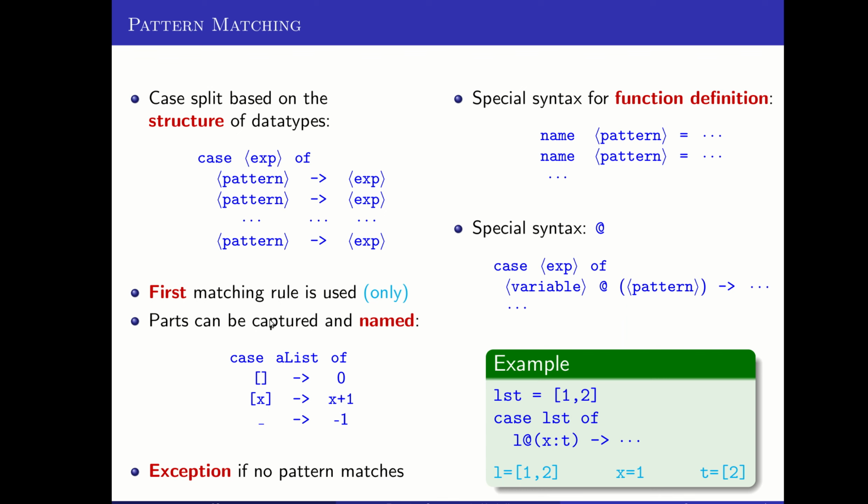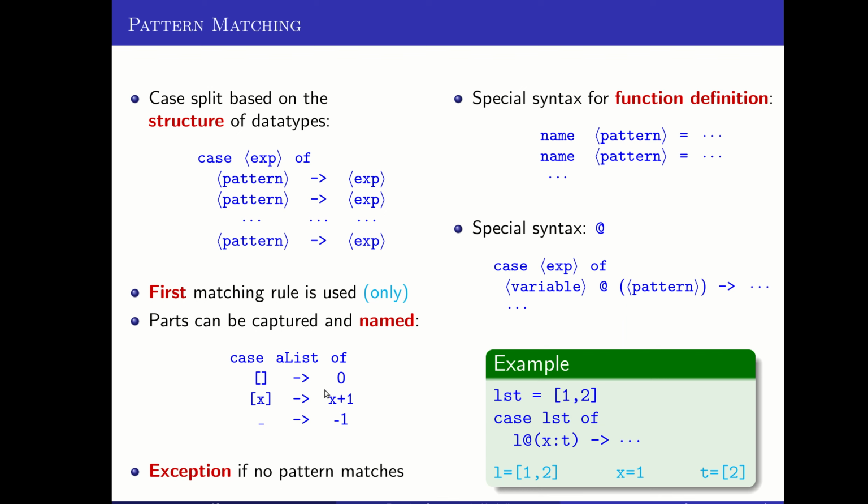We can also capture and name parts of the patterns that we're using. For instance, here's a case on a list that, in the case of the empty list, returns us 0. In the case of a list with a single item, a singleton, it names that single item x and then gives us x plus 1 as a result.